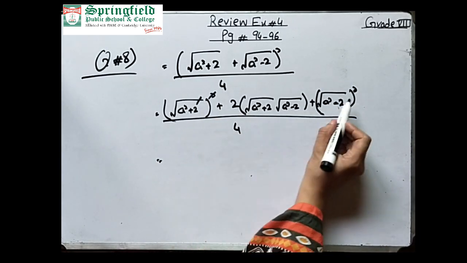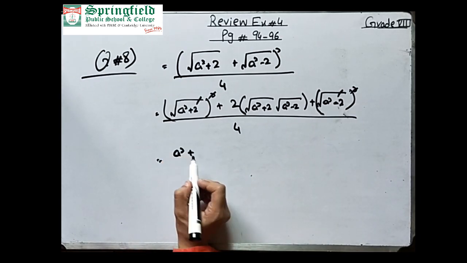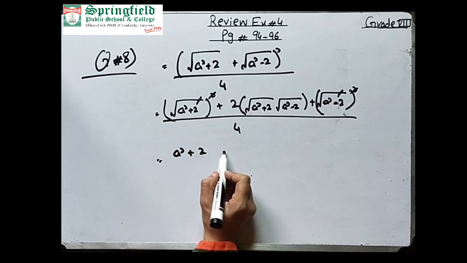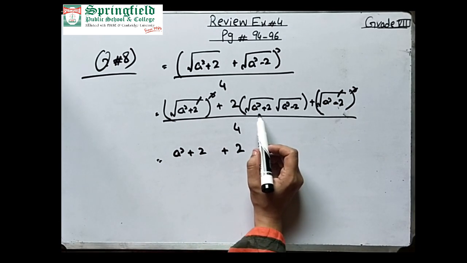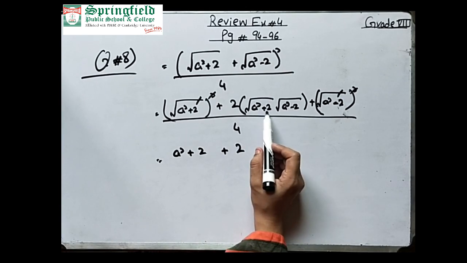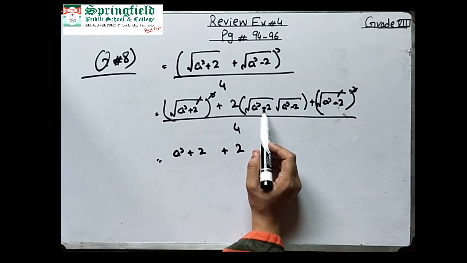Now the square can be cancelled with the square root. So just here a square plus 2 will remain, plus 2, and look here, both the numbers are in square root. They have the same square root.